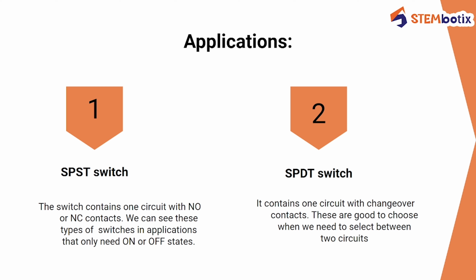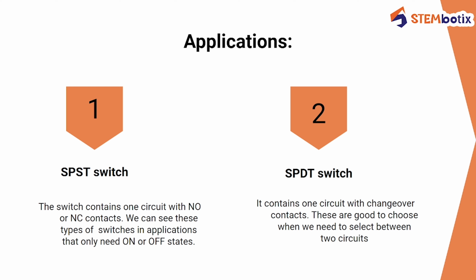So the applications are, first, the application of SPST switches: the switch contains one circuit with NO, meaning normally open, or NC, meaning normally closed contacts. We can see this type of switch in applications that only need on and off states.